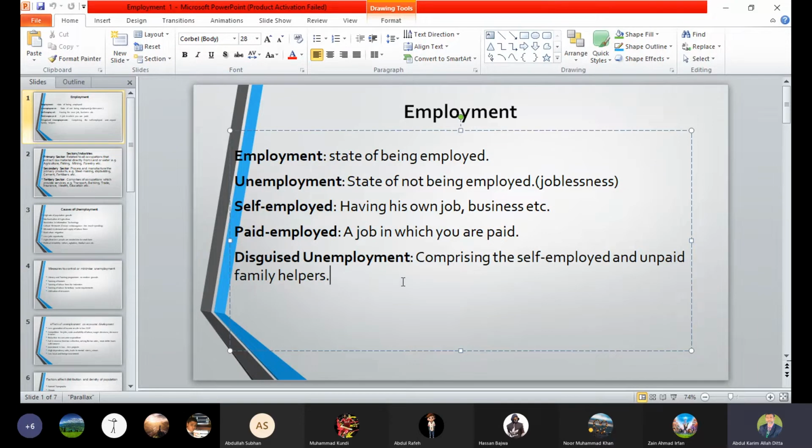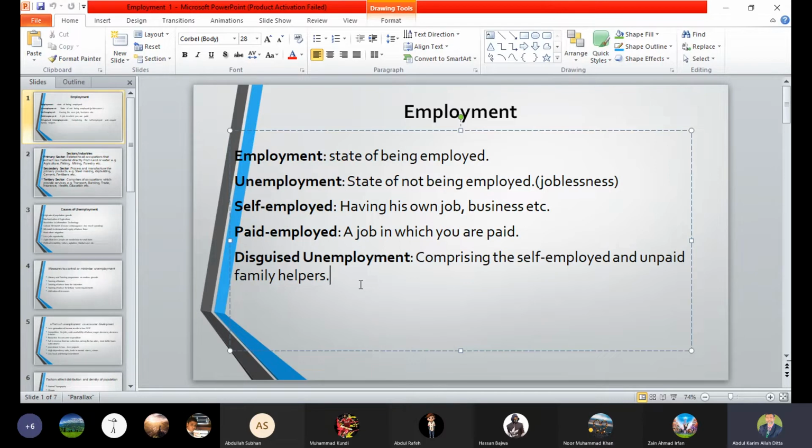So that situation is called disguised unemployment, beta. Either people who are self-employed, who have their own jobs, or family members or family helpers who are not paid, we call it disguised unemployment. Like in the family, if you do some work for your family, they don't pay you, so this situation is called disguised unemployment.